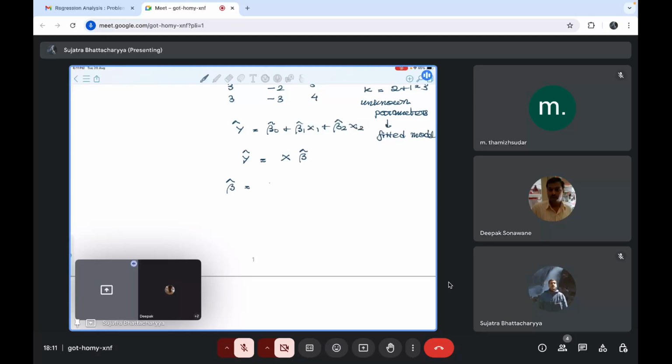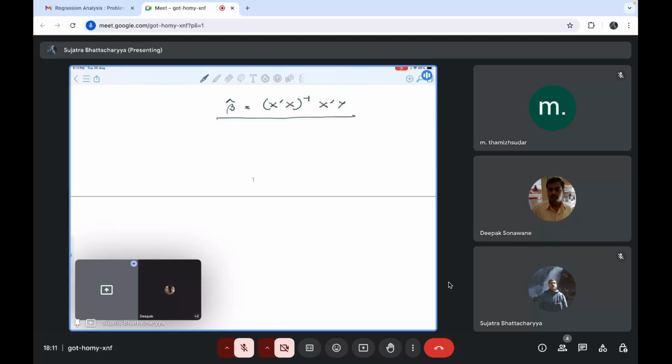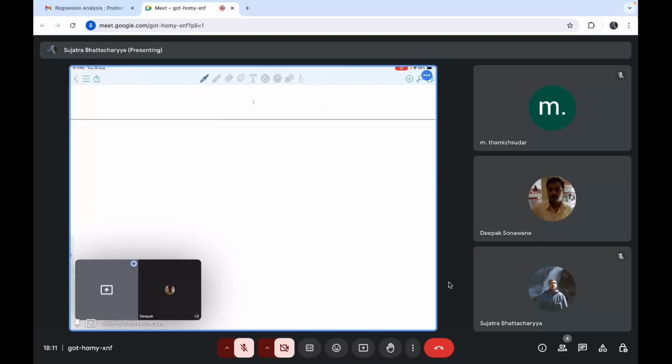Beta hat is x transpose x inverse x transpose y. This is your beta hat. So what you essentially need is x and y, which are given, and we can proceed with that. So how will I write the x? Let us write x. So x is written in this way.